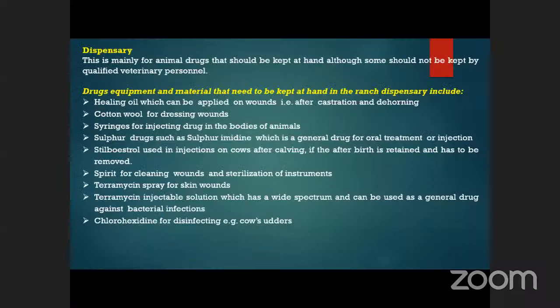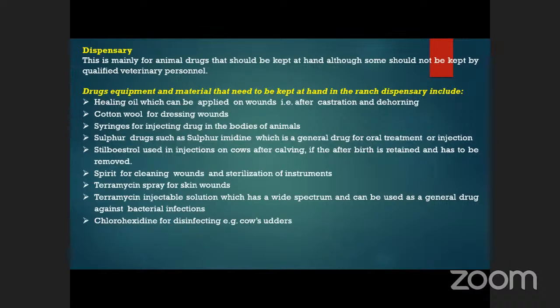You have to address the wound, put the bandage there after cleaning the wound. So cotton is also important. A syringe for injecting drugs into the animal's body. A syringe moves together with a needle. That is used for introducing medicine into the animal's body.